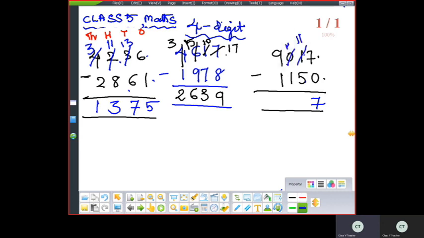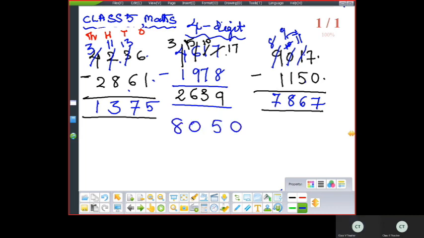So firstly I will make this one 10, then with one more borrowing this 10 will become 9 and the next 9 will become 8. Then 11 minus 5 is 6. 9 minus 1 is 8. 8 minus 1 is 7. Got it? Let me take one more.